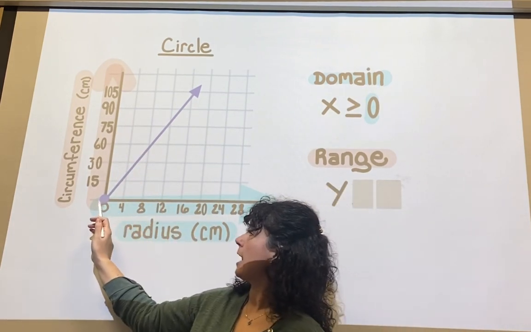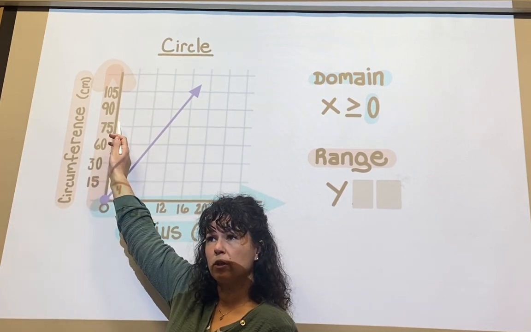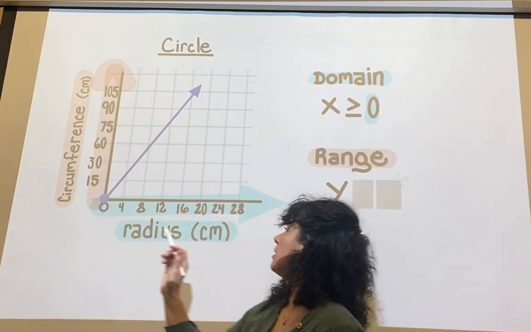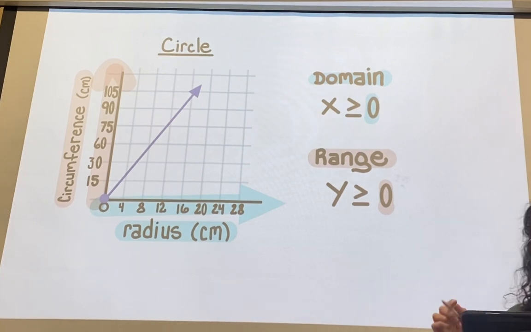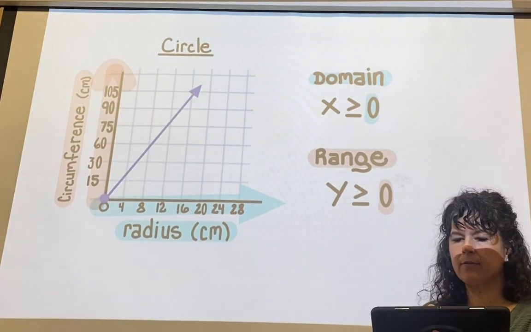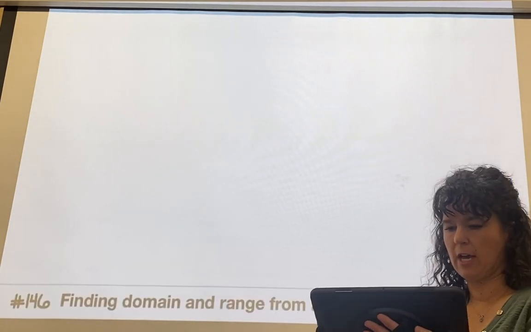So we're gonna have a circumference that is bigger than or equal to 0. So right here, I'm gonna have greater than or equal to 0. I don't have a nice graph drawn for this one, but let me just show you one more just to make sure you'd have this down.